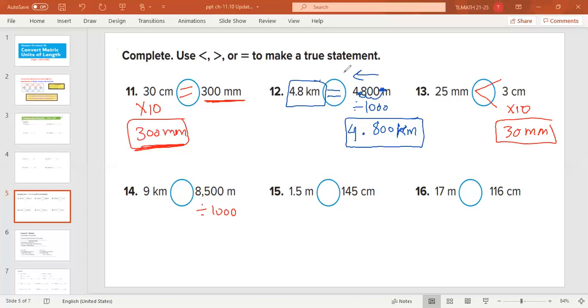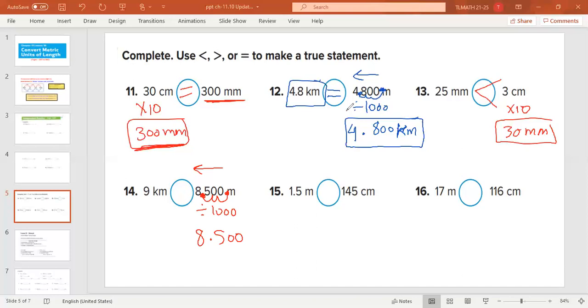Now when I want to divide it by a power of 10, I'm going to move my decimal point to the left. Here is my decimal point. I'm going to move it to the left 3 decimal places. So here is 1, 2, and 3. So the answer will be 8.500. Also, you can write it 8.5.